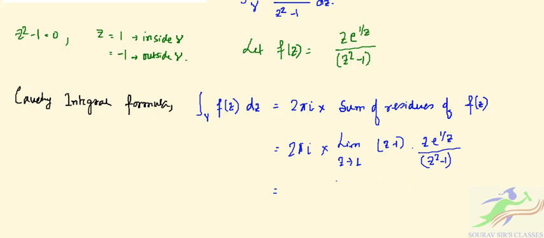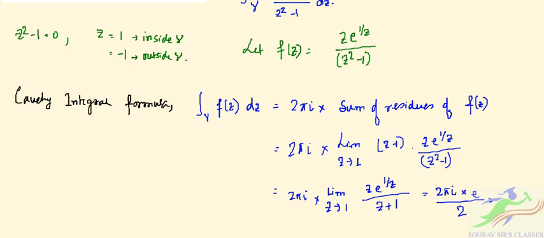So it will be 2 pi i times the limit as z tends to 1 of z e to the power 1 by z divided by z plus 1. Putting in z equal to 1, we get e over 1 plus 1, which is 2, so the 2 cancels out. The final value of the line integral will be pi i e.